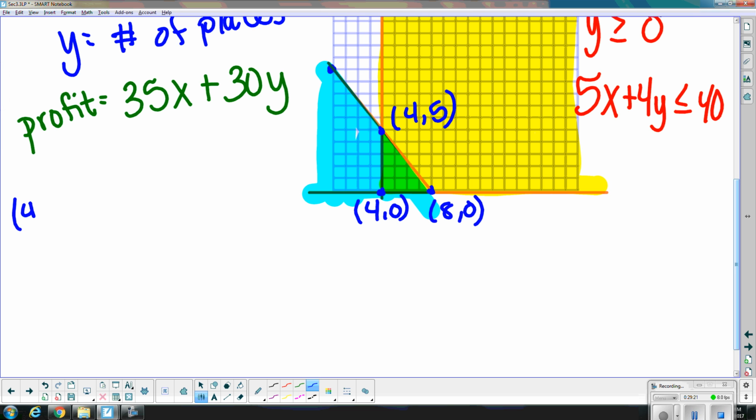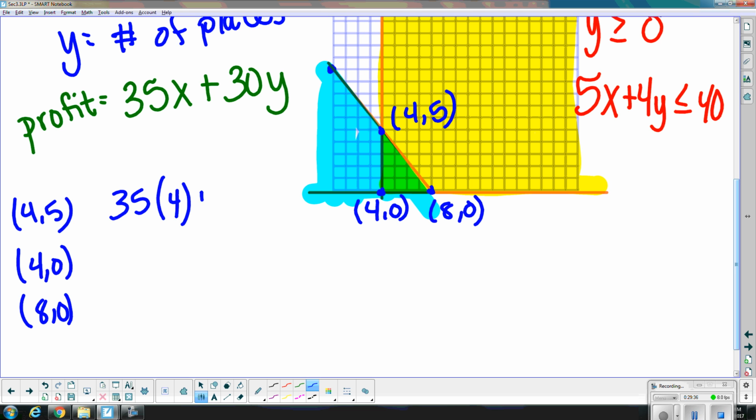So I'll start 4, 5, 4, 0, and 8, 0. So my profit is 35 times x plus 30 times y. And if I help that out, I get $290.